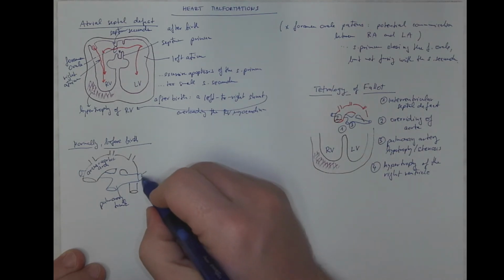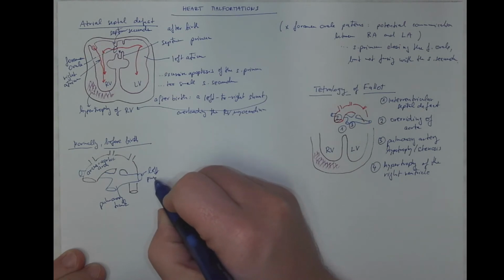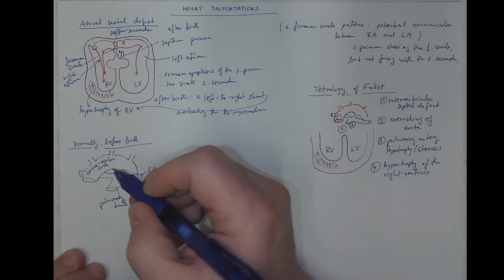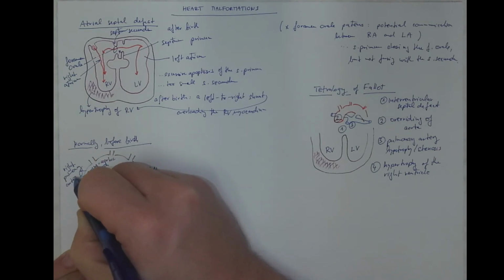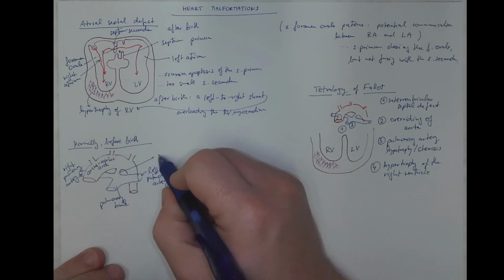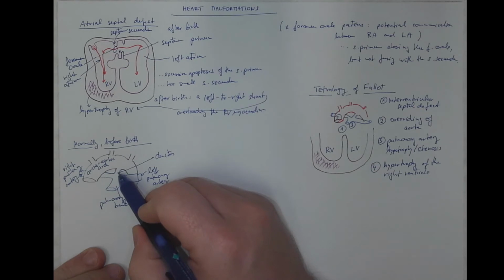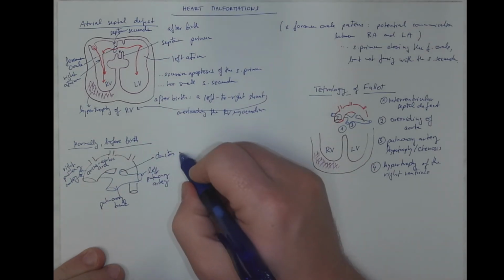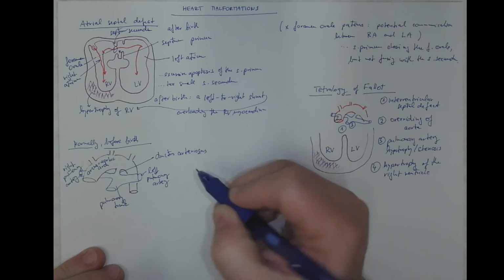The left pulmonary artery, the right pulmonary artery, and this is the ductus arteriosus. Technically it should be more in this position, but never mind. Topologically it will still make sense.